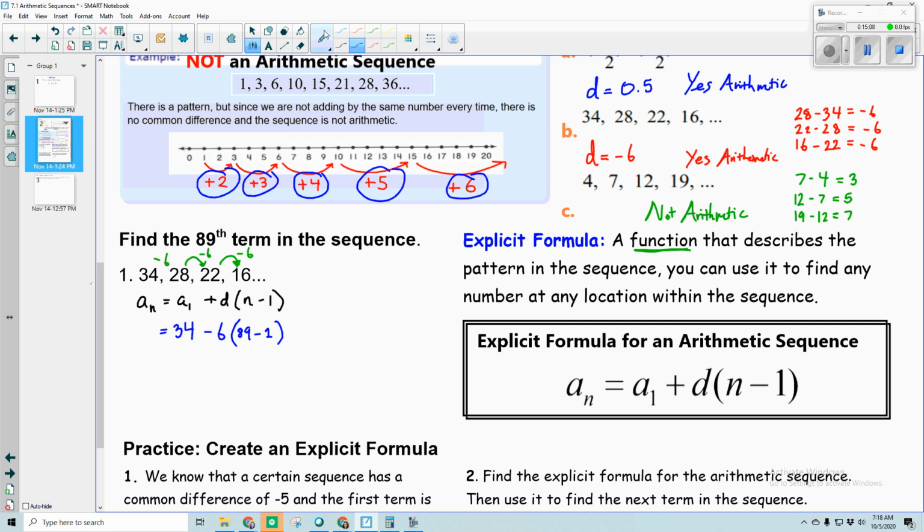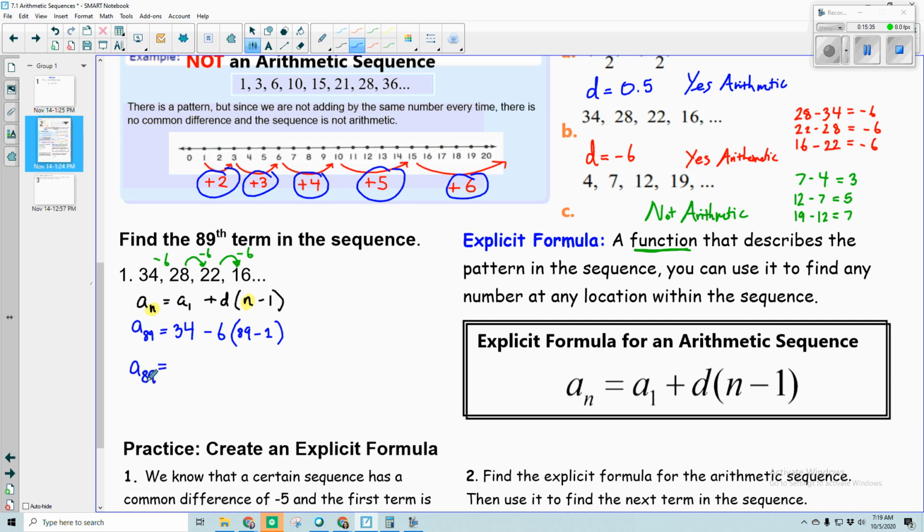Okay, and everywhere that I see an n, which is here and here, I'm plugging in an 89. Okay, so I'm going to keep this as an a, so I'll have a sub 89. And I'm not going to plug in anything for this a, because in a second, this a is going to tell me in the sequence what the 89th spot is. Okay, what is the number in the 89th spot?